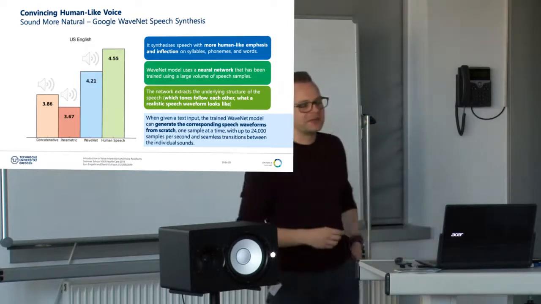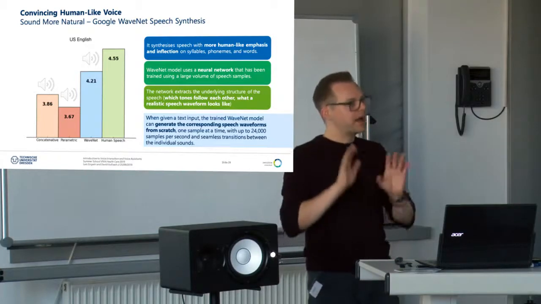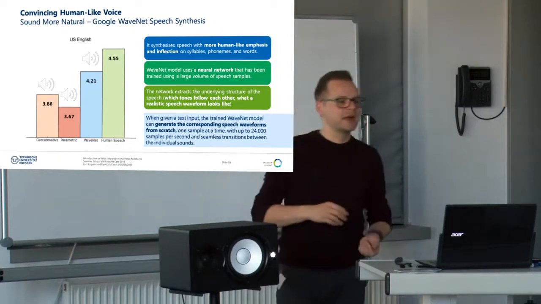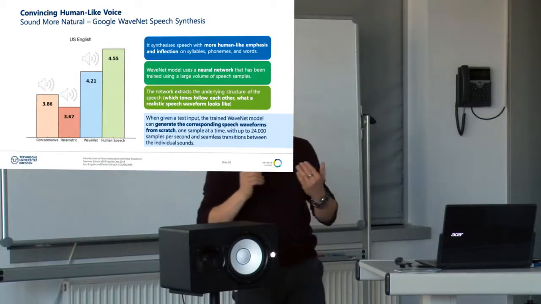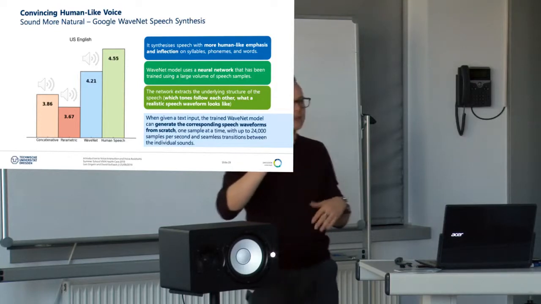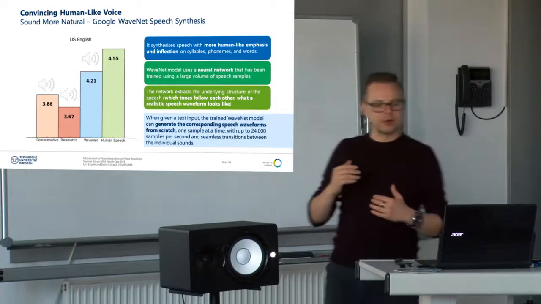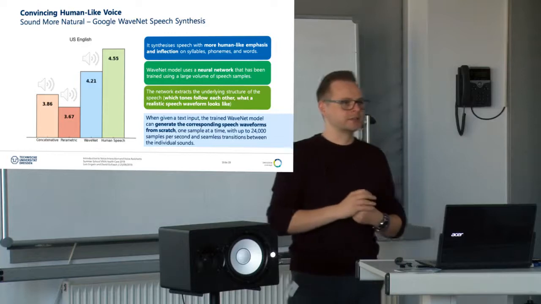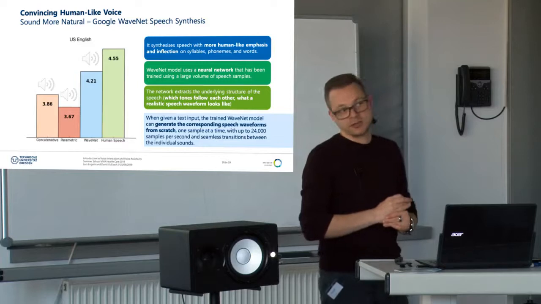The WaveNet system was better than parametric and concatenative speech synthesis, but not that much. And interestingly, the concatenative speech synthesis was worse than the parametric, the old speech synthesis. So it really depends on the language how natural it sounds. But the developments are going in this direction, I would say.